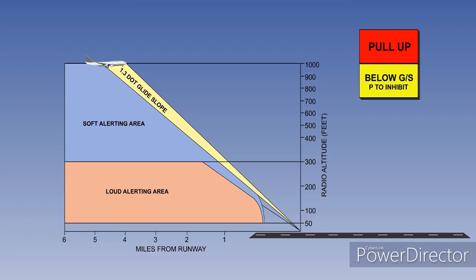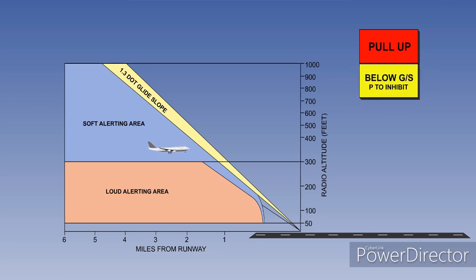In both areas, the alert is a repeated glide slope call and the illumination of the below glide slope light. "Glide slope." In both areas, the voice message repetition rate increases as the glide slope deviation increases.